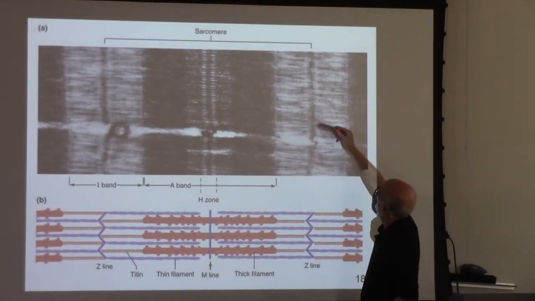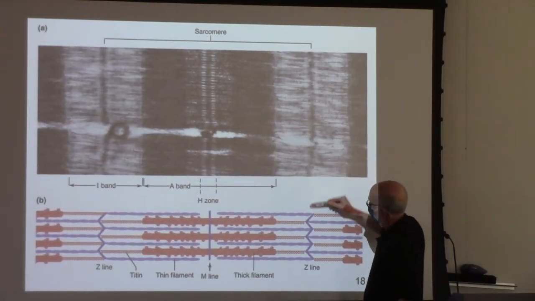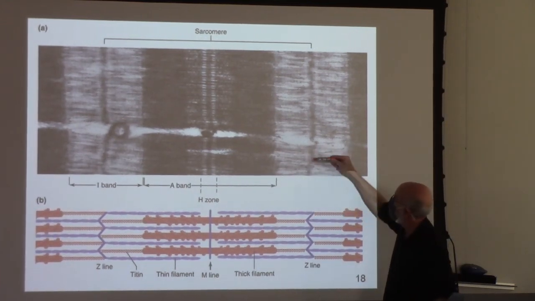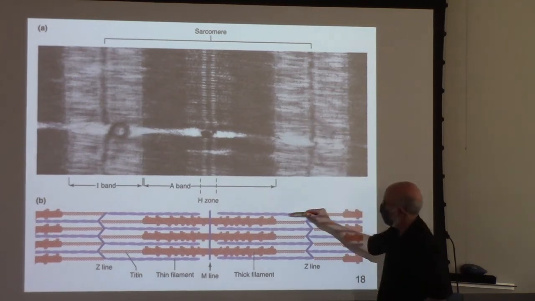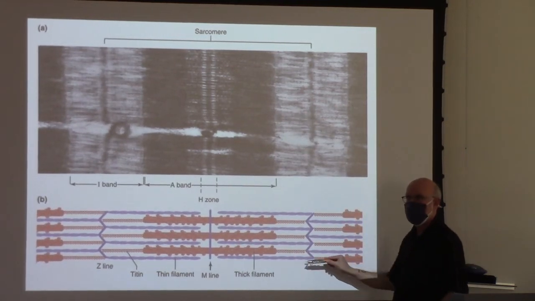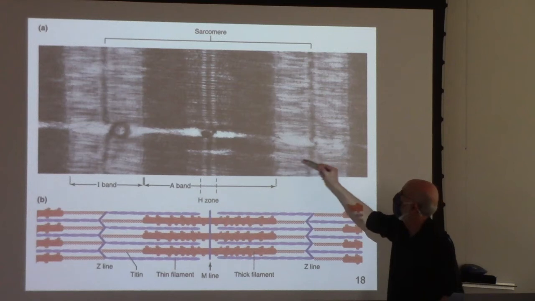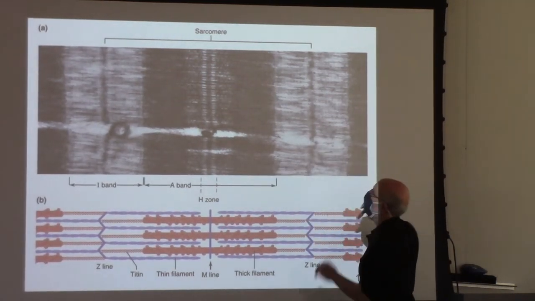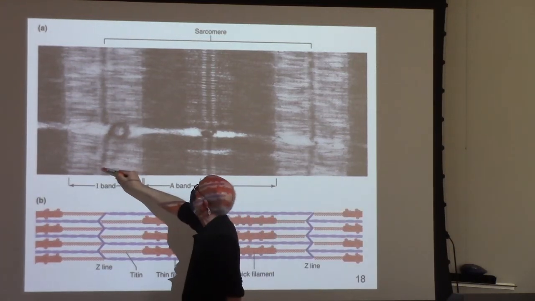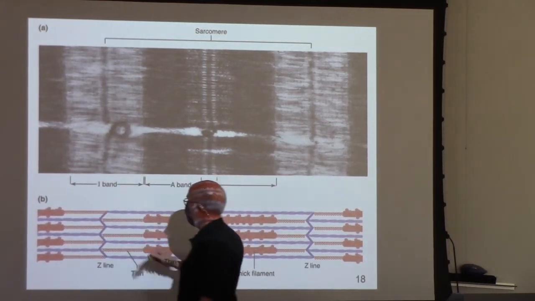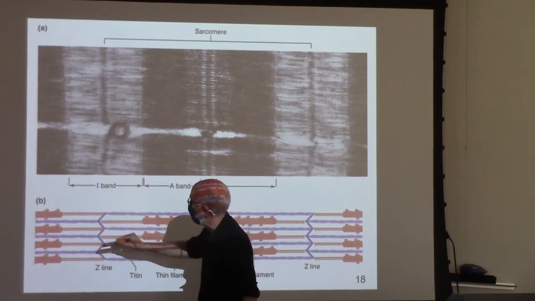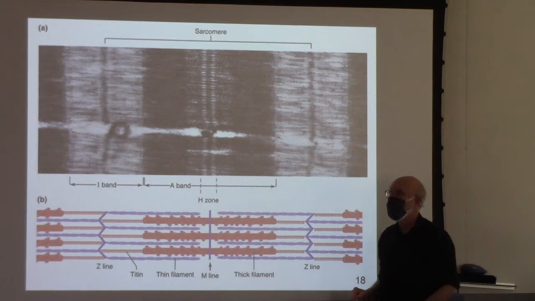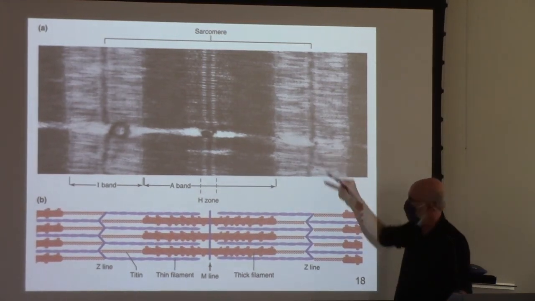So here is the Z line in cartoon, and the thin filaments sticking out from it. Okay, there's a Z line, thin filament sticking out from it, in both directions. Here is the other Z line, thin filament sticking out of it. Thin filaments are in purple, blue, Z lines are the zigzag. Here's a real micrograph, here's the cartoon.